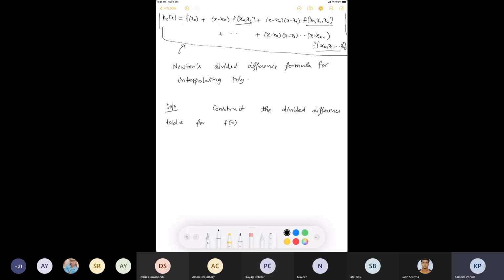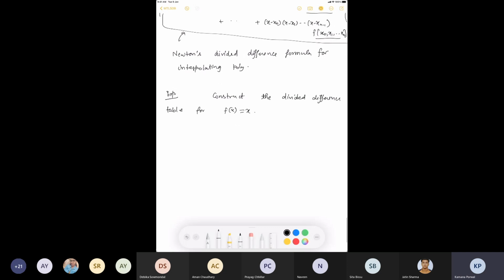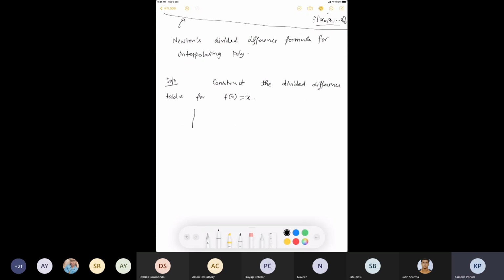So I'm going to take f(x) is equal to x squared. Okay, and the data which I'm taking, since I've given the function explicitly, I just have to give the xi's. So I'm taking 1, 2, 3, 4, and 5, some simple values. Then I will have f(xi), so this is going to be 0 here.